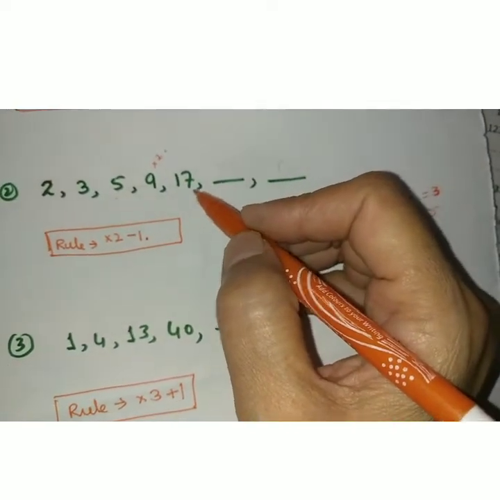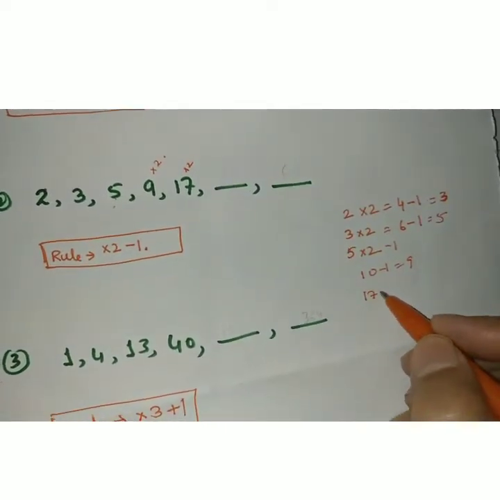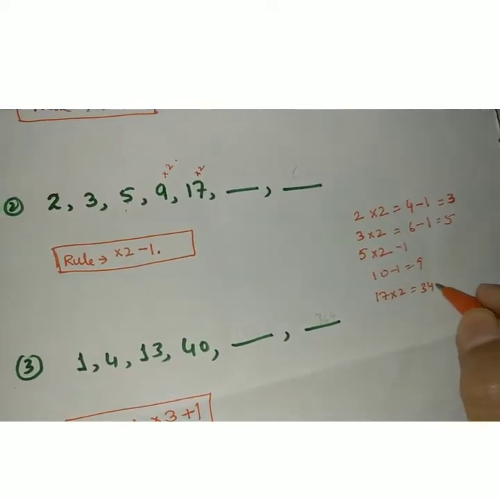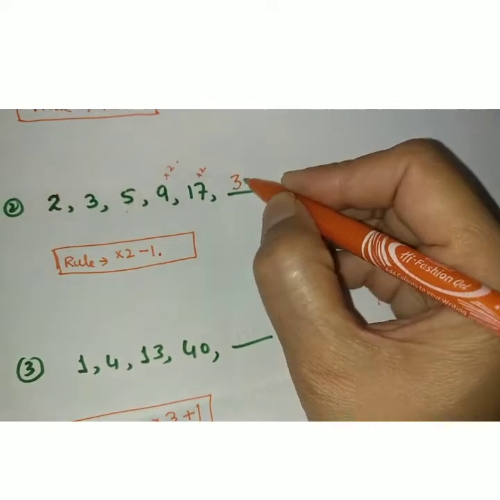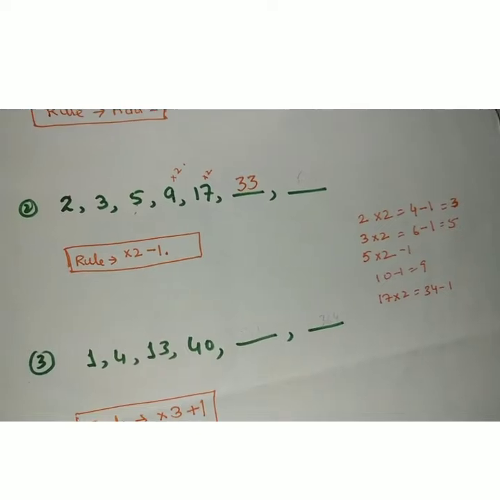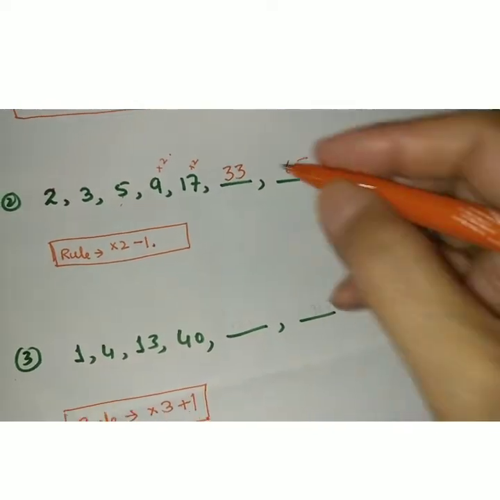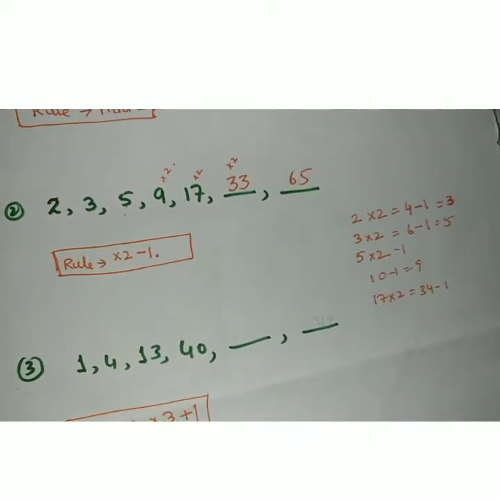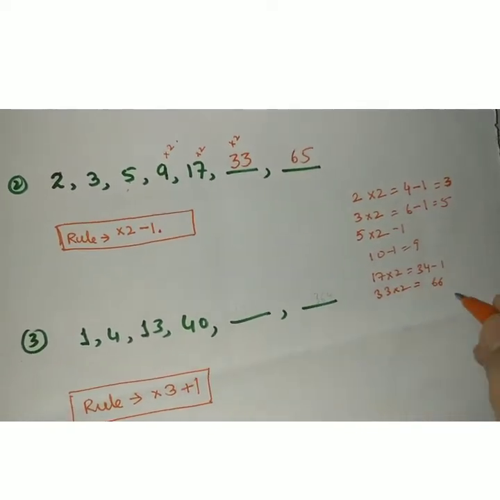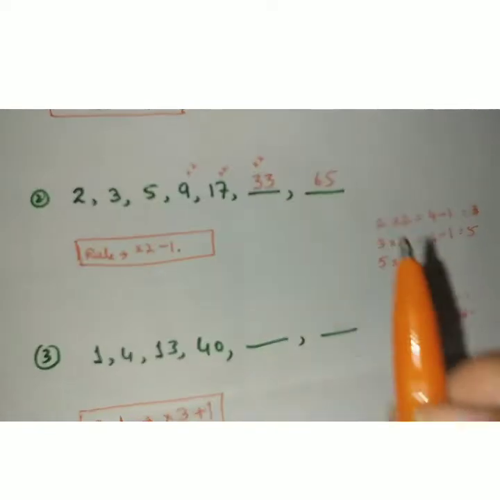Now the same pattern is followed. 17 multiplied by 2 gives you 34. 34 minus 1 will give you 33. In the same way, you can find out the next number, which will be 65. 33 multiplied by 2 gives you 66. Minus 1 will give you 65. So this is the rule for this one.